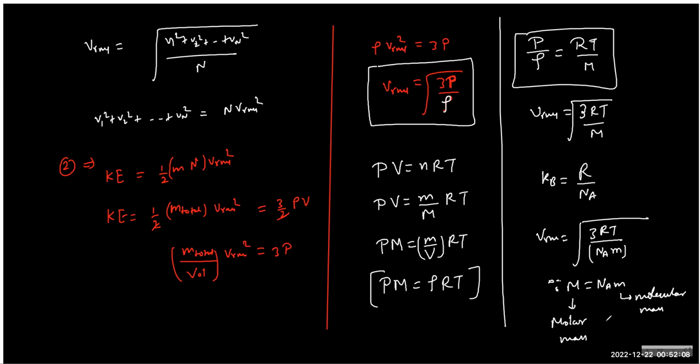Yes, sir. I hope this is clear to all of you. So the VRMS having the formula how much? Either you say under root 3P by rho, or 3RT by capital M, or 3kT by small m.